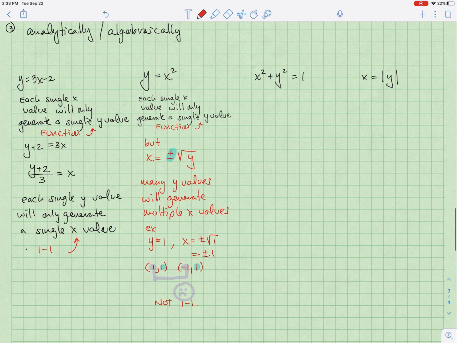For the next one, in both cases, if we solve this for x, we get x is equal to plus or minus the square root of 1 minus y squared. And we can see right away it's going to generate multiple x values for any y, as well as y is equal to plus or minus the square root of 1 minus x squared. And so again, this is not a function, and thus it can't be 1 to 1.